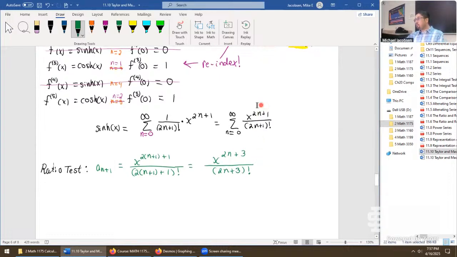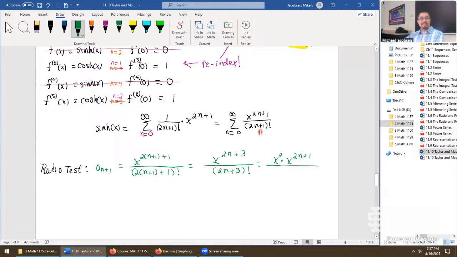And because we're going to divide by this term, it tells us how we should simplify. We could do this on the step down below, but let's do it on this line. I want to cancel x to the power 2n plus 1 into 2n plus 3. That suggests we should factor out x squared and leave x to the power 2n plus 1.